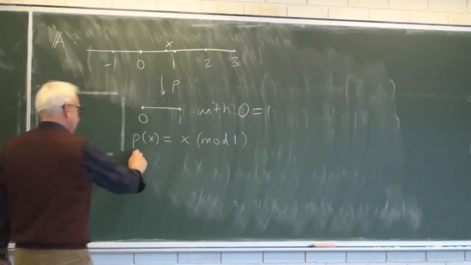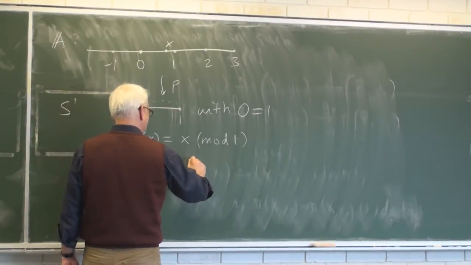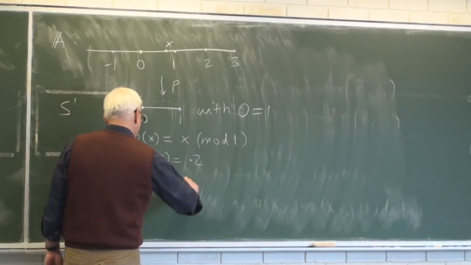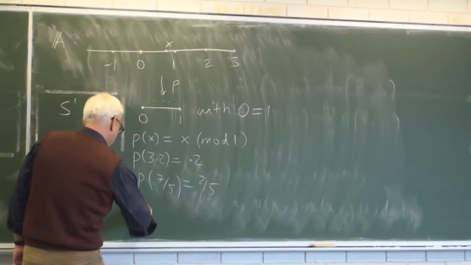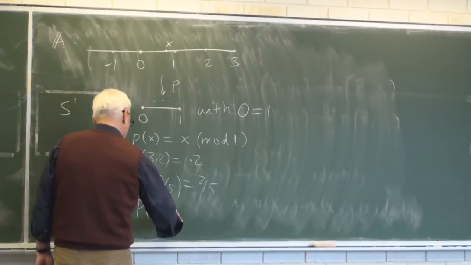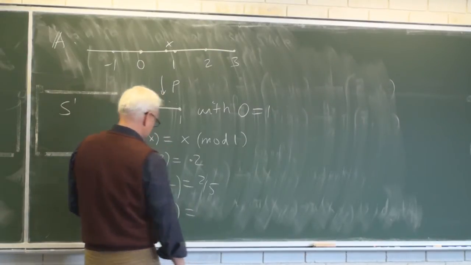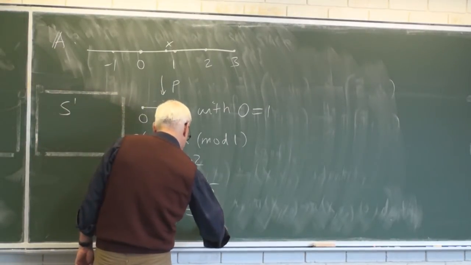So for example, P of 3.2 would be 0.2. Or P of 7/5 would be 2/5. And P of minus 3 1/3 would be the same as minus 1/3, which is 2/3.